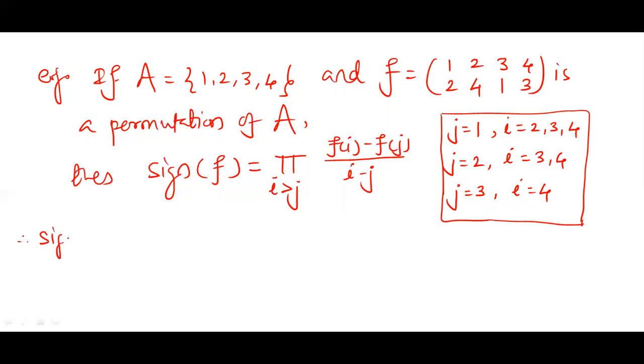Therefore, signature of F is equal to, just take j is equal to 1. If you take j is equal to 1, then we have choices for i as 2, 3, 4.